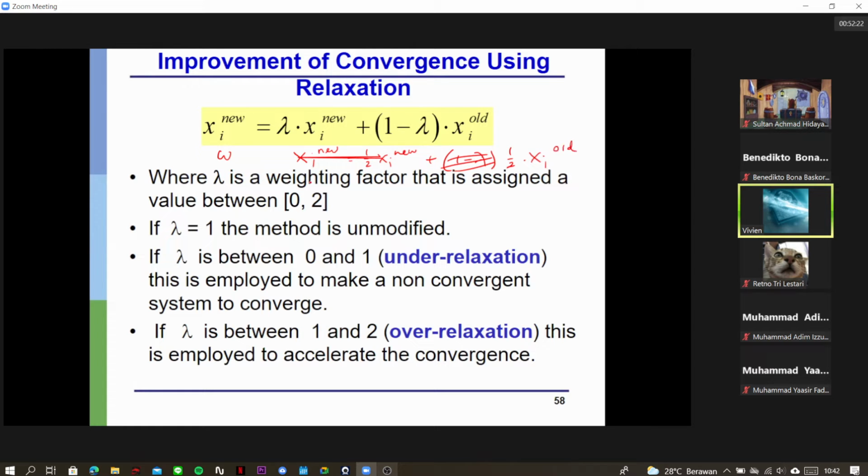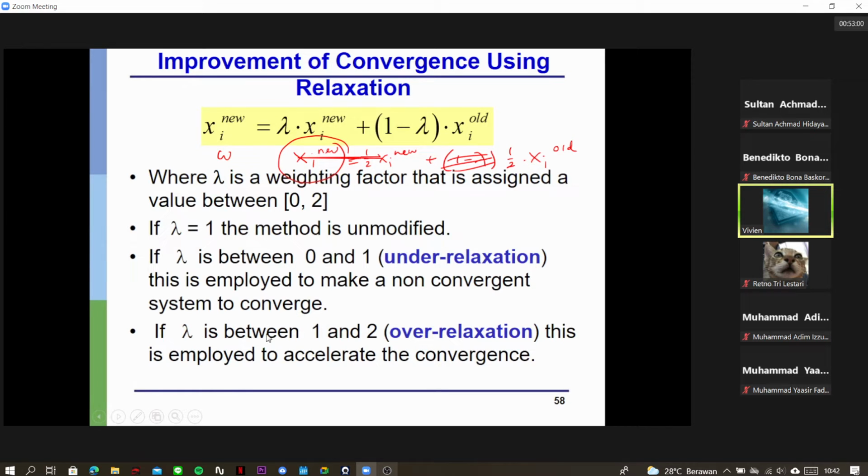So the new value will be the average between the newly calculated value and the old, previous value. This is called under relaxation. We can apply under relaxation to a non-convergent system, for example a diverged system, or one with oscillation or fluctuation in the error, to make it converge.